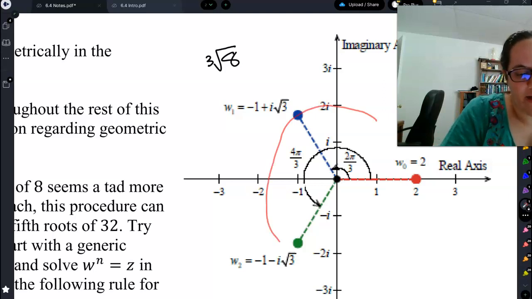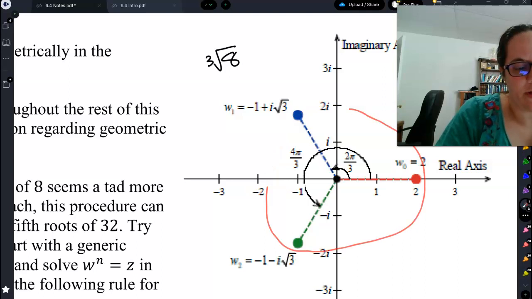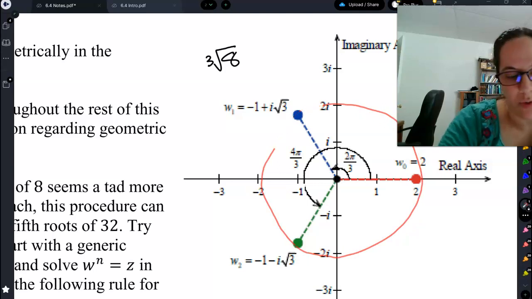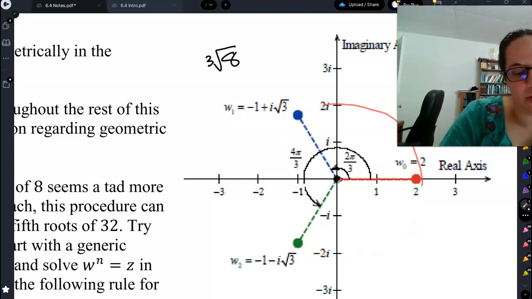This is a circle. That's a very badly drawn circle. Forgive me for that. With a radius of 2 that is perfectly split into thirds.